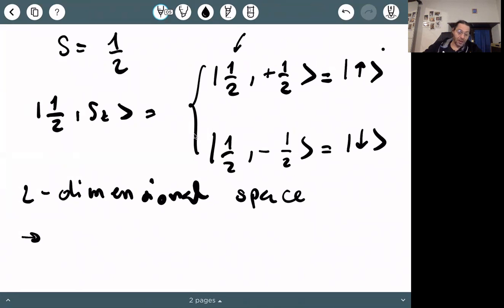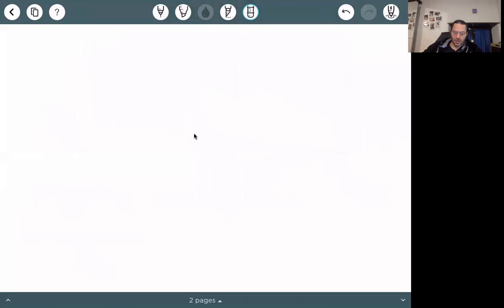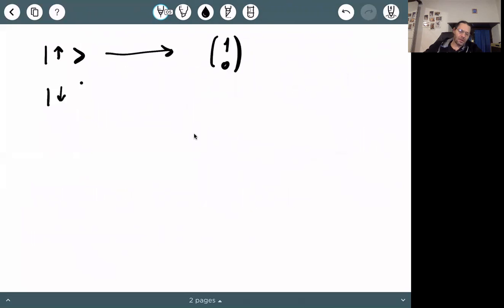So we use a simple vector space representation. And in this vector space representation, basically, the spin up is associated with one of the vectors of the two-dimensional vector space, for instance, (1, 0).